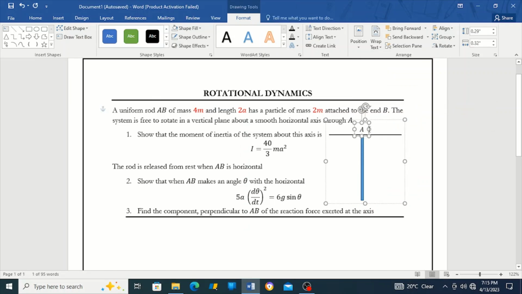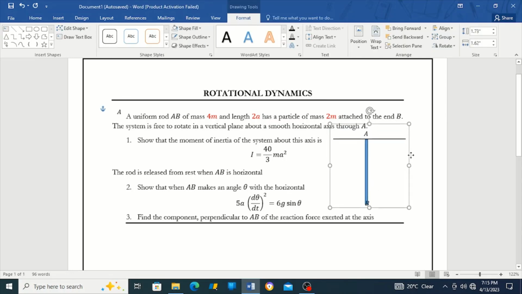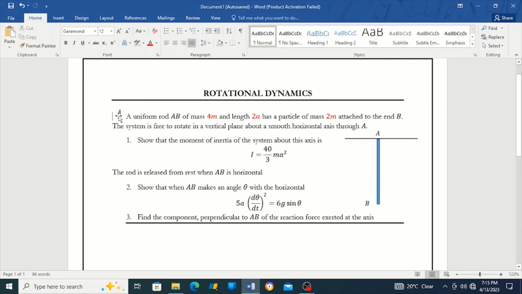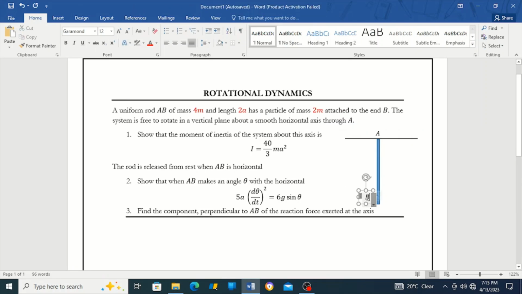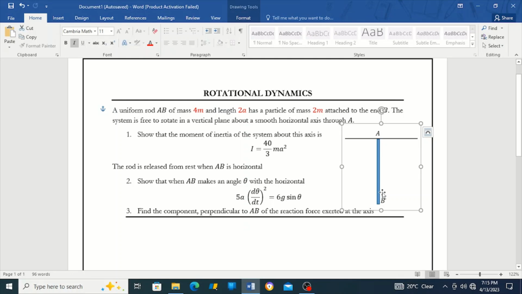Now that is A there, and the other end of the rod is B, but at this other end of the rod we have a mass of 2m. So we have a mass of 2m which is placed there, so this is B. Now at the other end, like I said, a mass of 2m is placed there, and then we need to show something about the moment of inertia of our system.